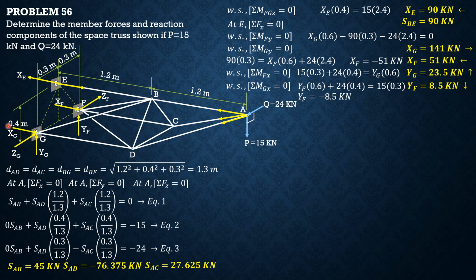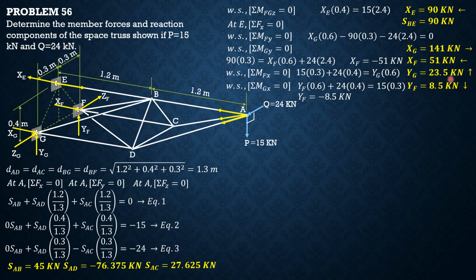So let's check the whole system. XG is 141 rightward minus XF 51 leftward. So 141 minus 51 is 90. Then minus 90 is 0. So the whole system with respect to reactions along x is in equilibrium. Summation forces y, let's check.